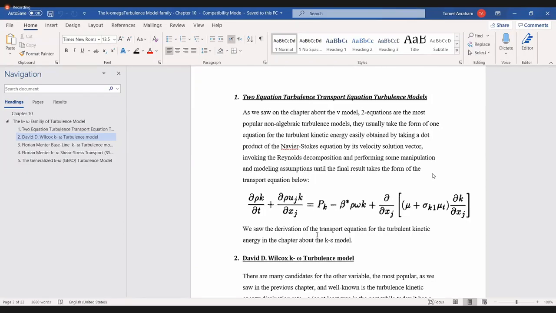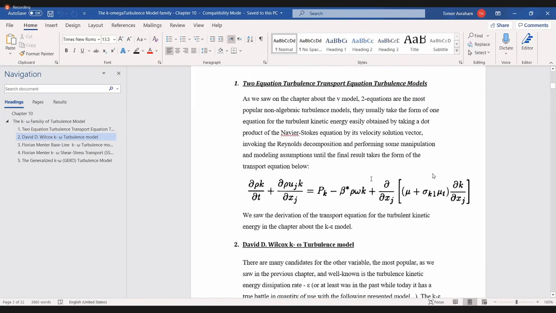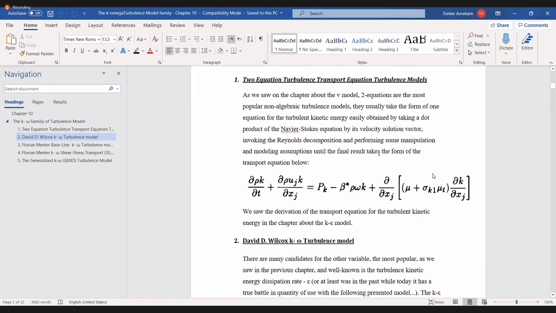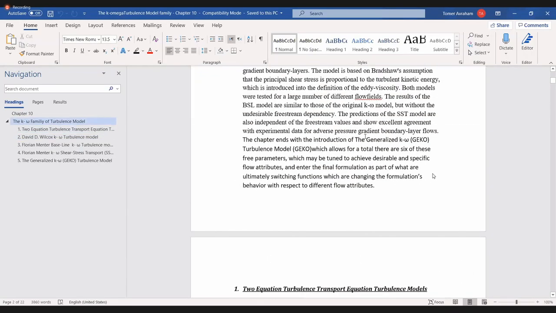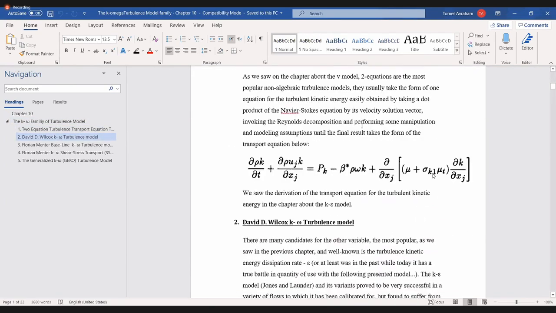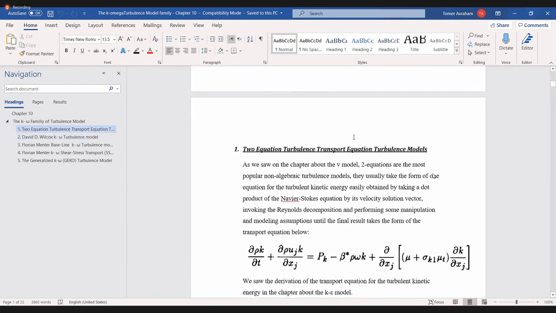We simply divide by epsilon over k times some kind of constant, and what we get is the Jones-Launder two equation k epsilon. That's fine, and it's okay. But that's what happened in 1972.